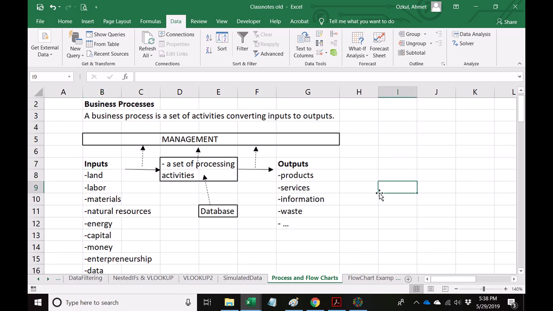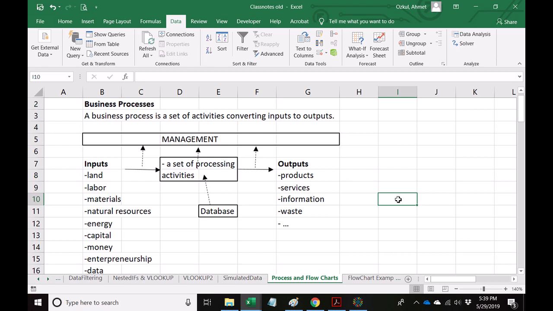A business process could be a small process, could be a large process. So here the scale or scope is important. What is the process under study? What is your focus? What are you studying?